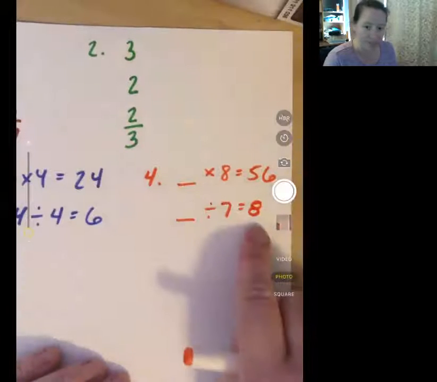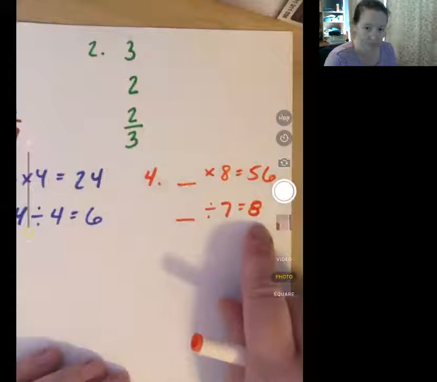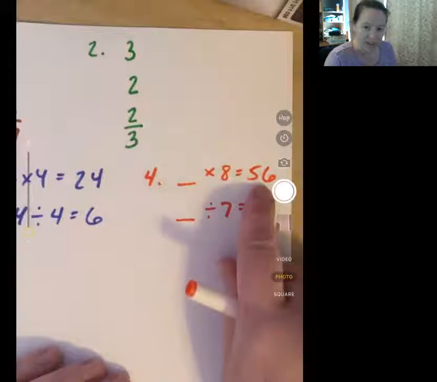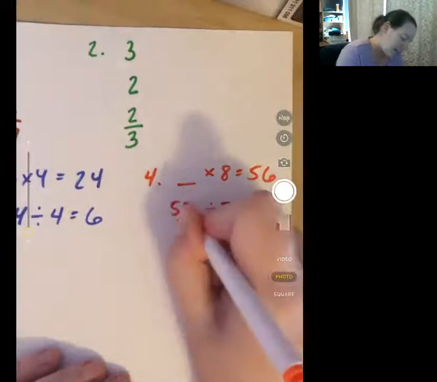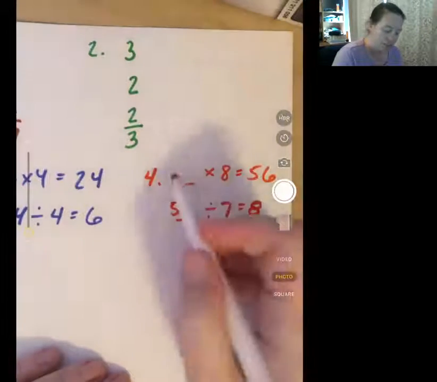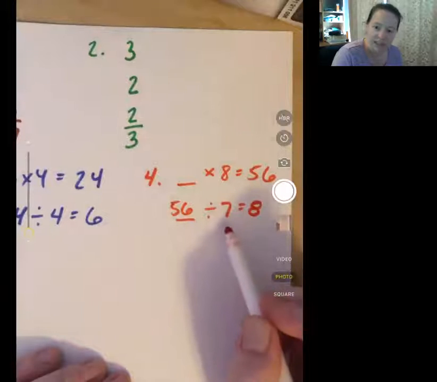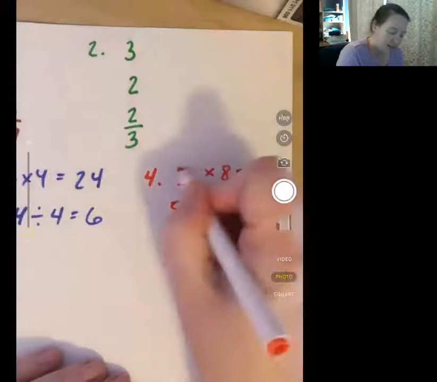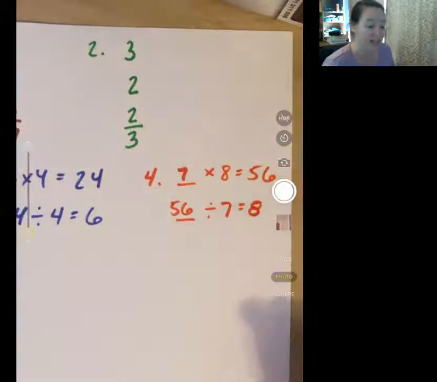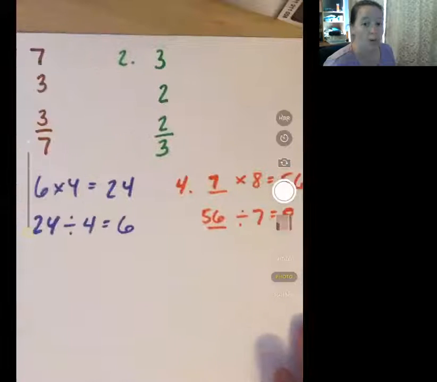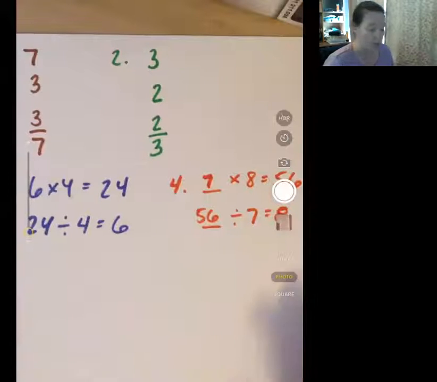The 8 is the same, but it would be the 56 divided by 7 is equal to 8, right? And so up here, it would have to be the 7 times 8. Do you see how I got that? We were told that it was a family to begin with, and so knowing that it's a family, we can figure out where in each part of it it needs to go.